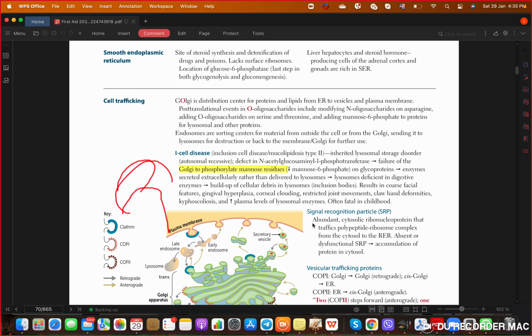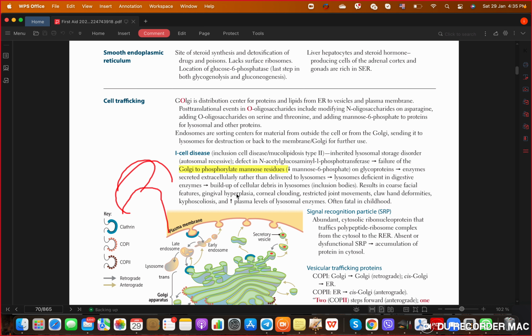Okay, Doc. So in this disease, we said there was no phosphorylation of the mannose residue, and the enzymes were going outside of the cell, correct? Yes, Doc. That's causing this. So the lysosomal enzymes in the plasma will be increased, correct?